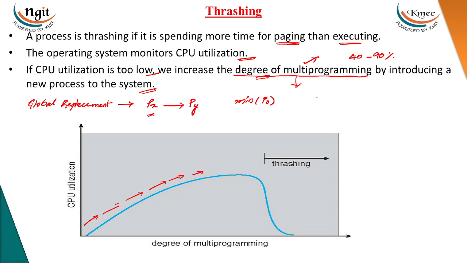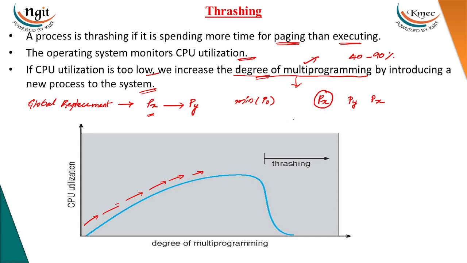Let's look here. Px is a process which has higher priority than Py. Py is a process which has higher priority than Pz. Now Px needs more pages, and these pages have to be loaded into main memory, placed in some frames.